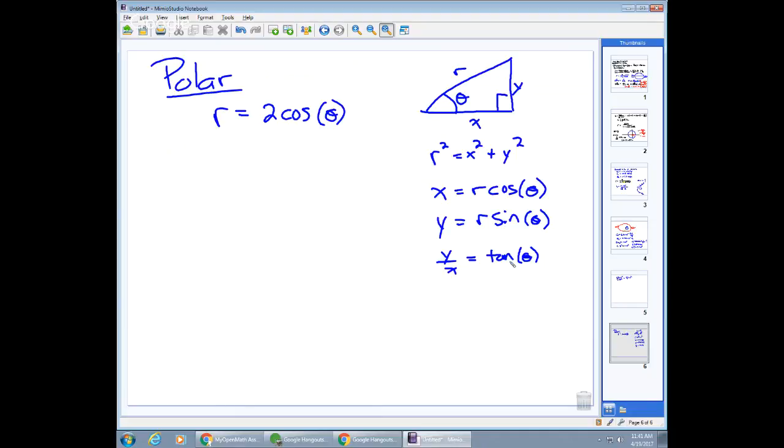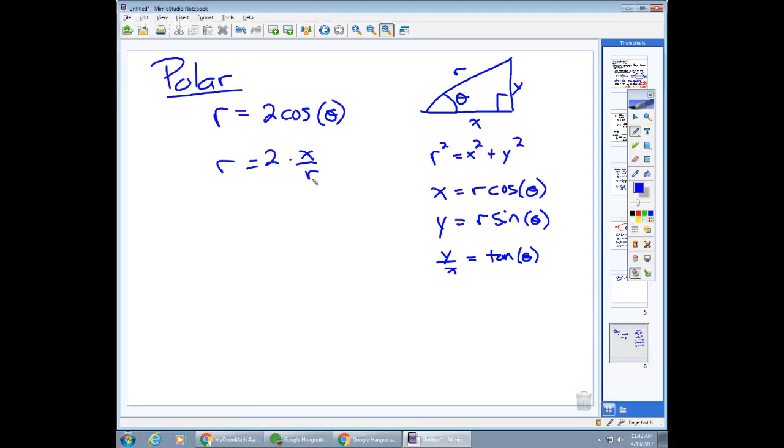So if I wanted to think about this thing in rectangular, I need to get rid of r and the cosine. So first I'm going to deal with the cosine here. And cosine would be x over r. So then on the right side here, I could say I have 2 times x over r equals r.